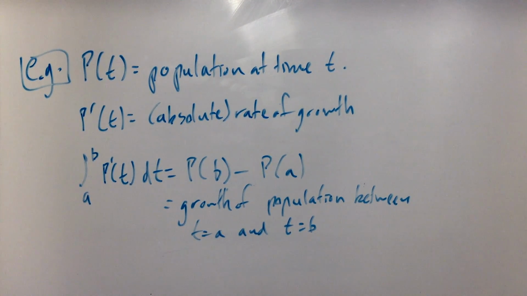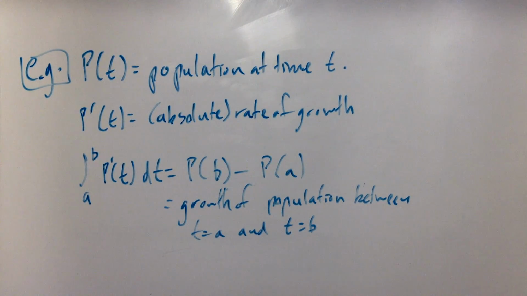Now here's someplace where this idea of net growth, or net rate of change, net change, is important, because when you have a population that's growing, that implies that people are being born, or maybe people are moving in, or whatever. But at the same time, people can be moving out, people can be dying.